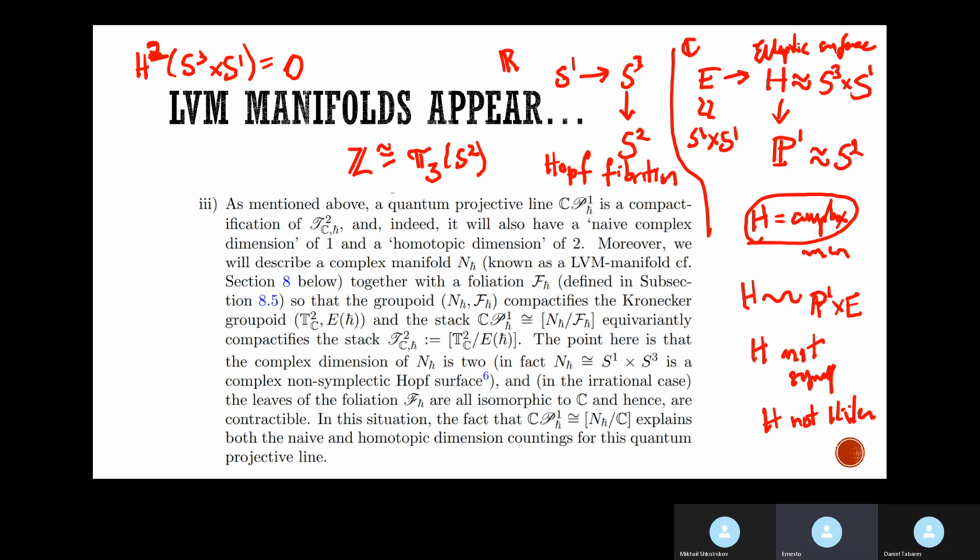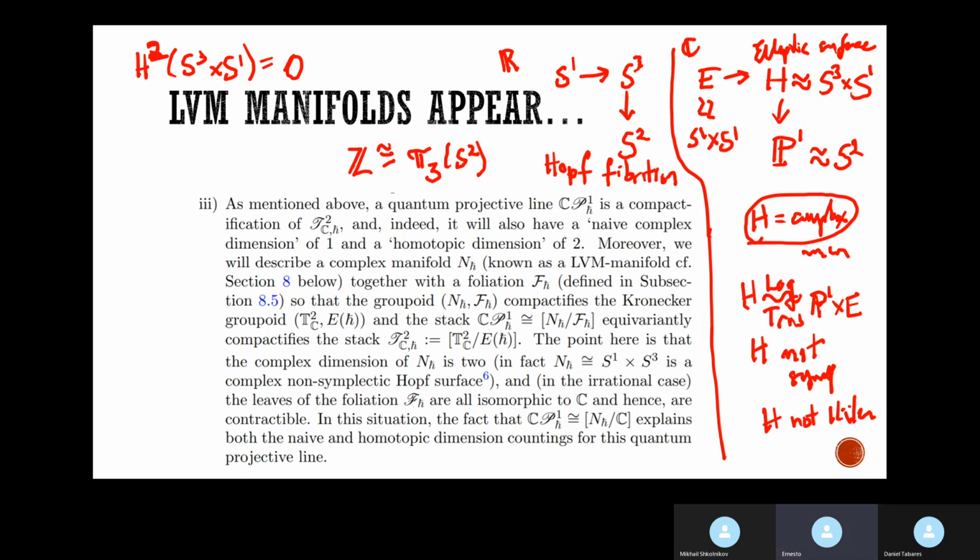And many of these elliptic surfaces, it is well known in geometry, come from something called the log transform. So in fact, H is the log transform of P1 cross E. It's the so-called log transform.